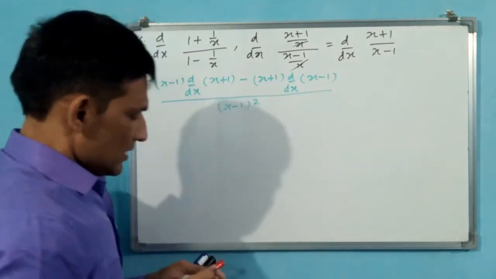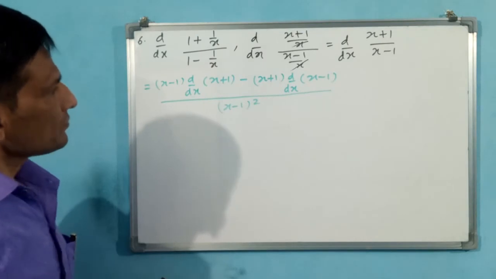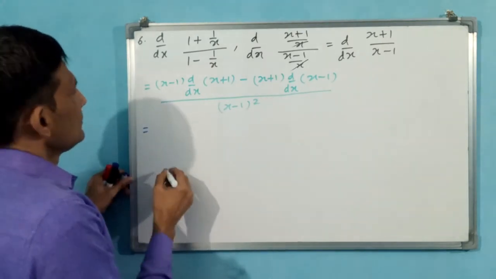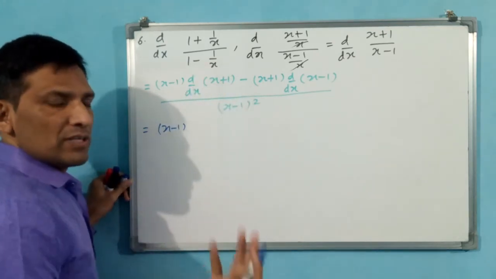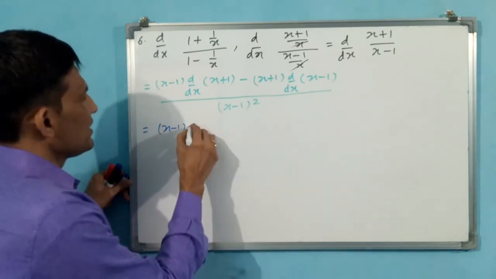Okay. This you write. Then proceed further. Okay. (x minus 1) whole square. That is equal to. Okay. (x minus 1) into d by dx of (x plus 1) means 1 only. Why? Because d by dx x is 1. D by dx 1 is 0. That means into 1 I am writing.